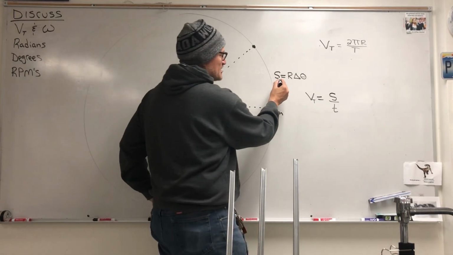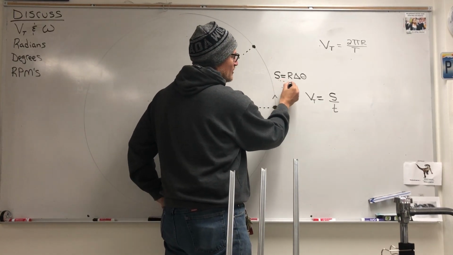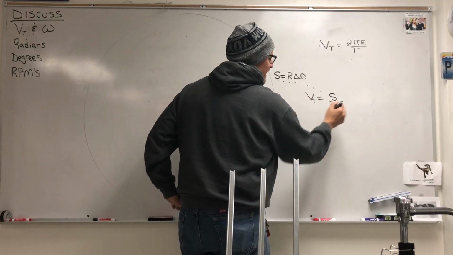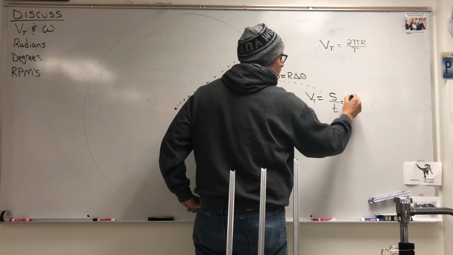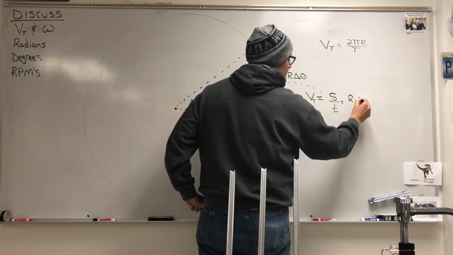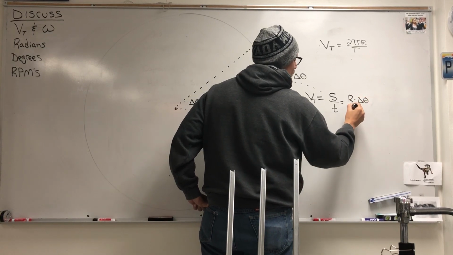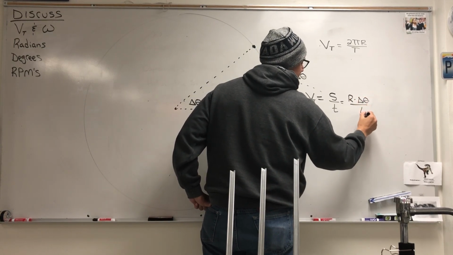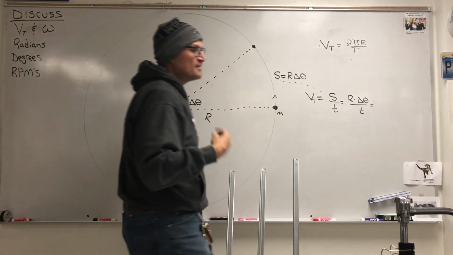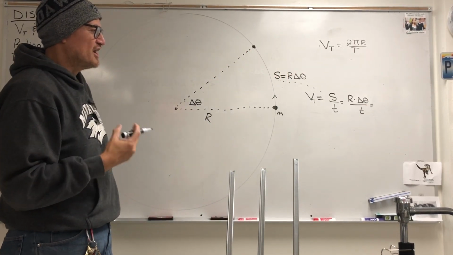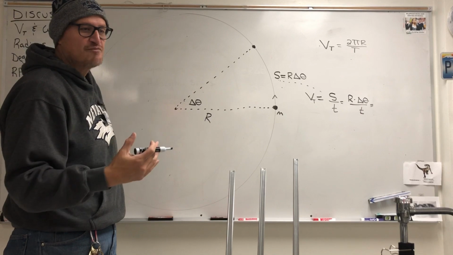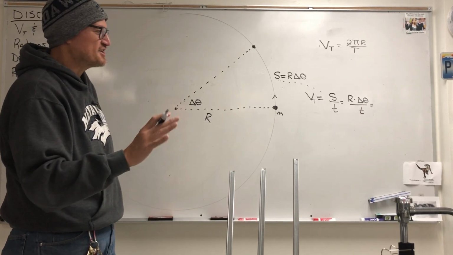And we make a substitution, and what we get is r delta theta over t. Now, this is the non-calculus version, because in a calculus class we'd be doing the chain rule and some other stuff, but we'll skip that.